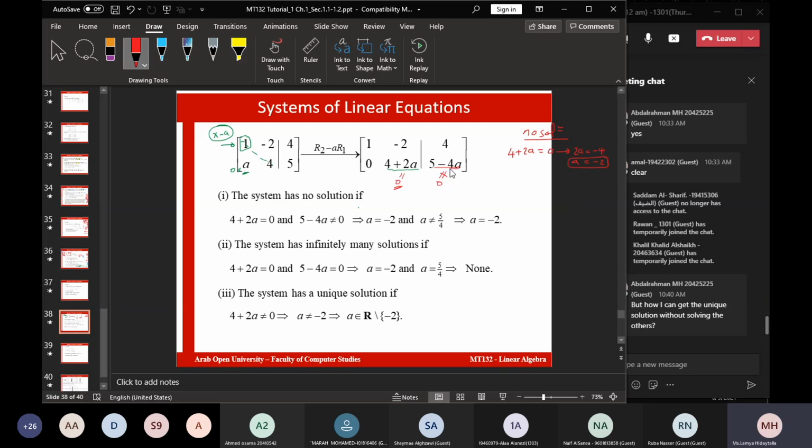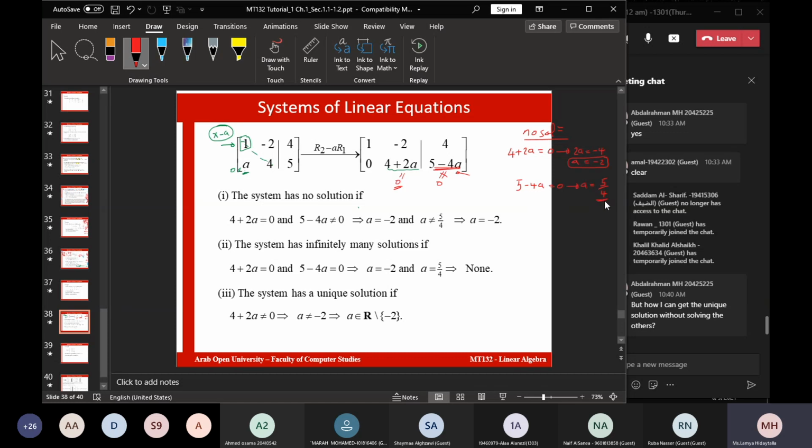Let's see here. I don't need this one to be 0. If it were 0, we would have 5 minus 4A equal to 0, that is 4A equals 5, so A equals 5 over 4. So this will make this part equal to 0, and I don't want it to be 0.